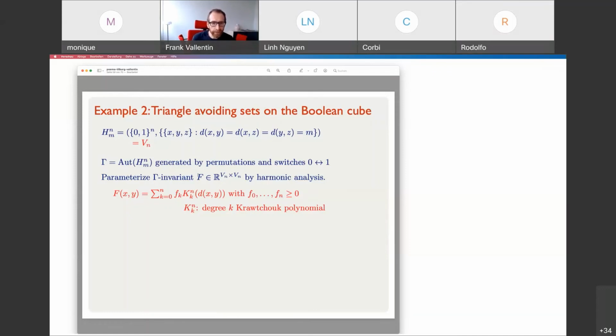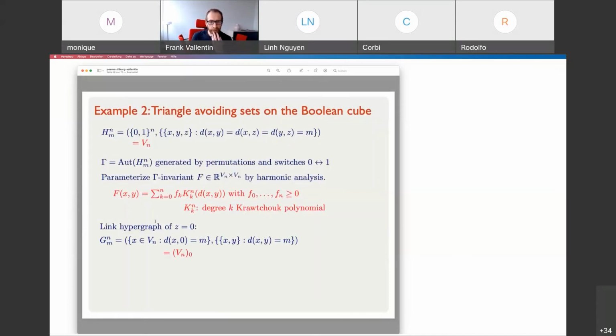And then it's a fact that some gamma-invariant function f is positive semi-definite if and only if you can write it down in terms of some Krawtchouk polynomial expansion, where the corresponding summands are non-negative. So this gives us a complete parameterization of all positive semi-definite gamma-invariant matrices.